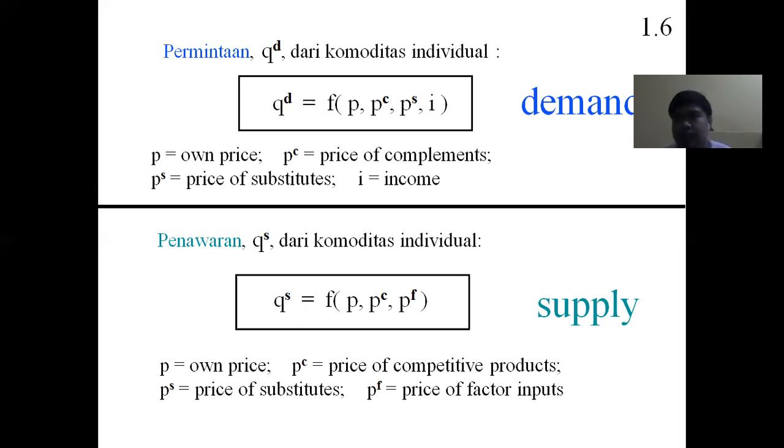So demand and supply create the market. Demand and supply create the transactions between seller and buyer, and when they interact, the economic activity remains.